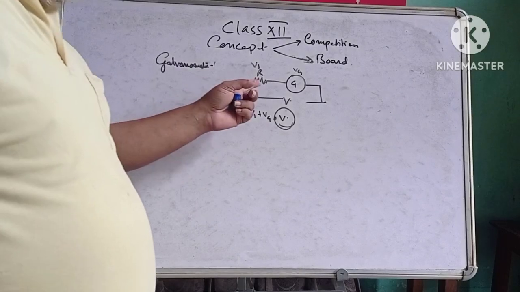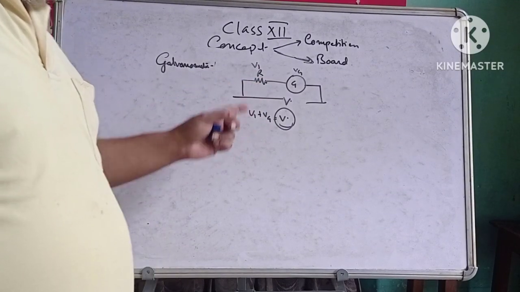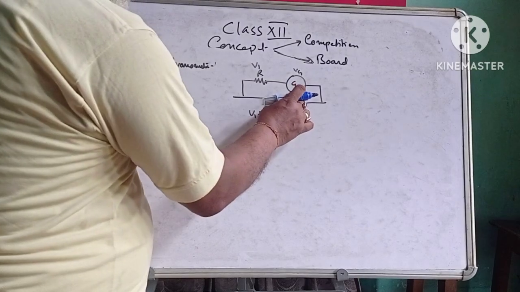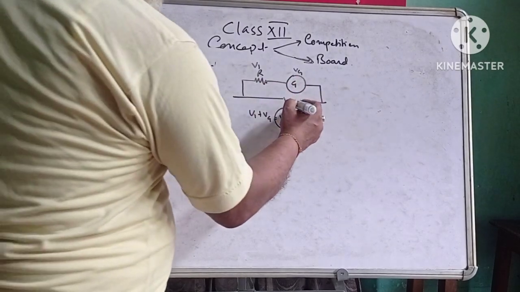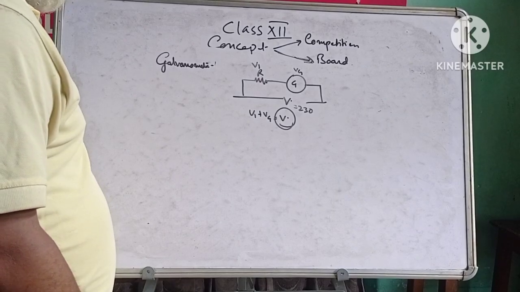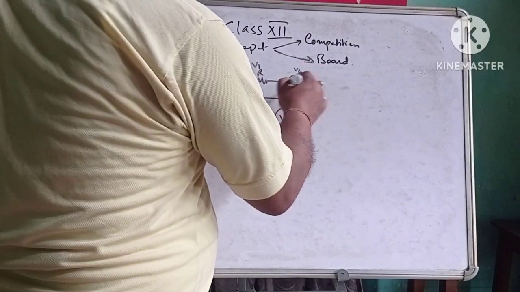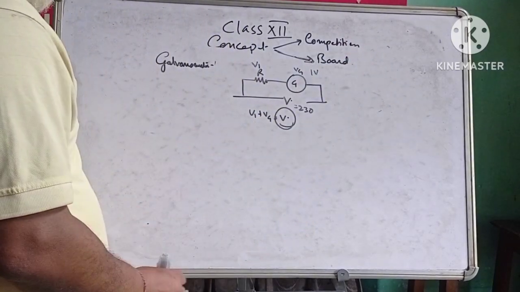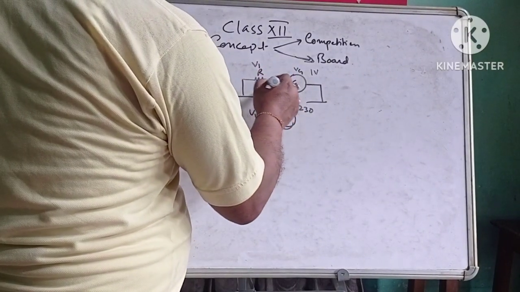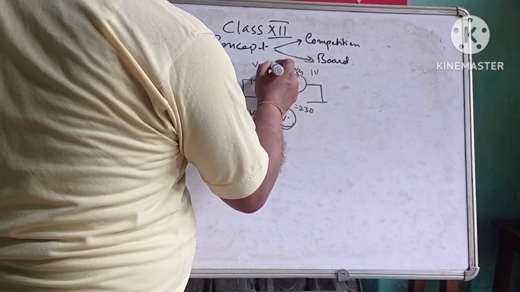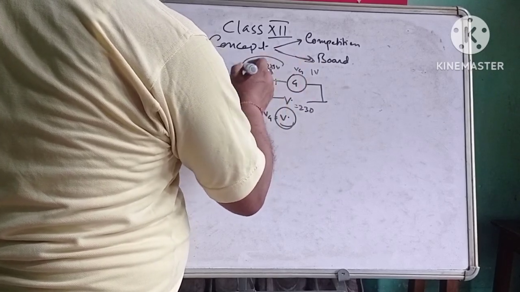Now again, because the resistance here is high, this potential V, suppose we take 230 volt, and your galvanometer potential difference is maximum, say 1 volt, then this V1 will be roughly 229 volt.